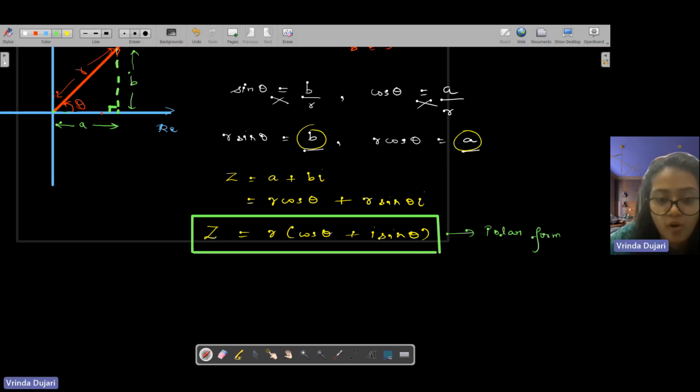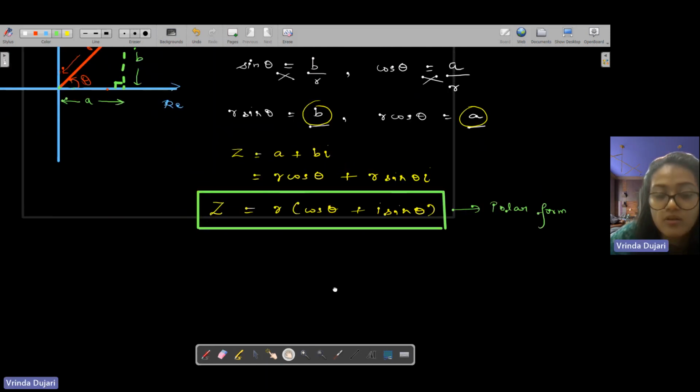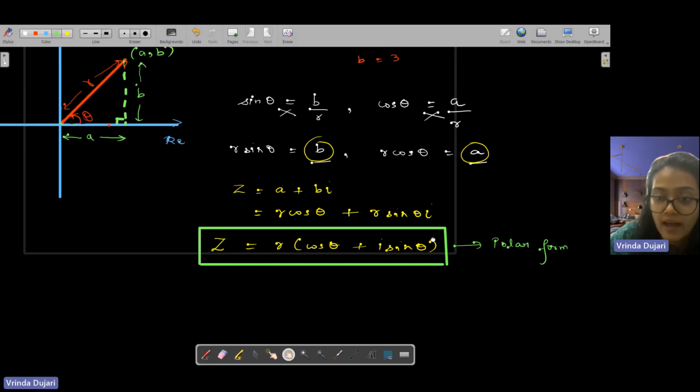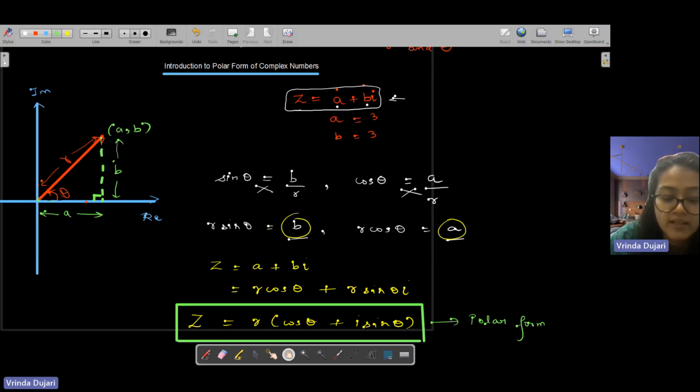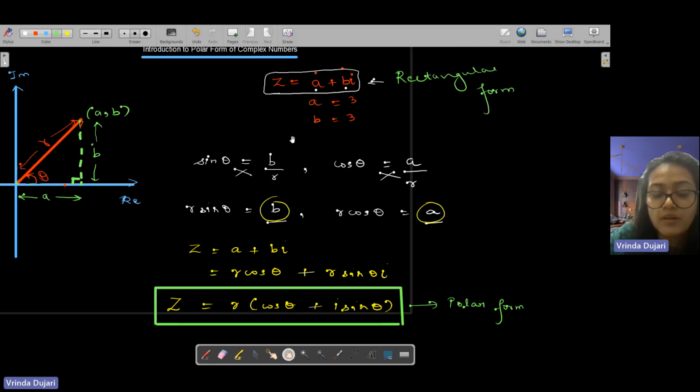This is called the polar form of a complex number. And one more thing, this is called the rectangular form of a complex number. So we can represent a complex number in two ways.